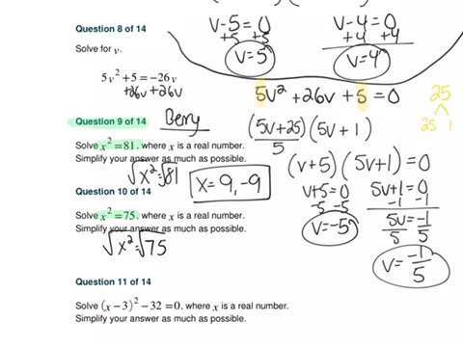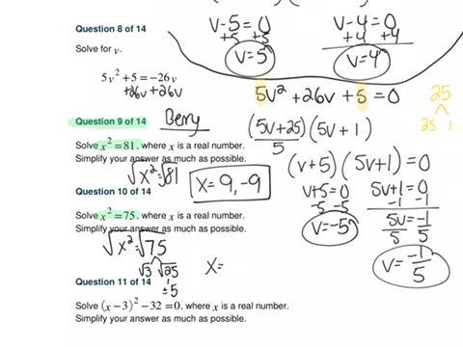Well, 75 isn't a perfect square, but it can be broken down into the square root of 3 and the square root of 25, because 3 times 25 gets you 75. And 25 is a perfect square, and that happens to be 5, and it's plus or minus, right? So that tells you that your answer is simplified in square root form.